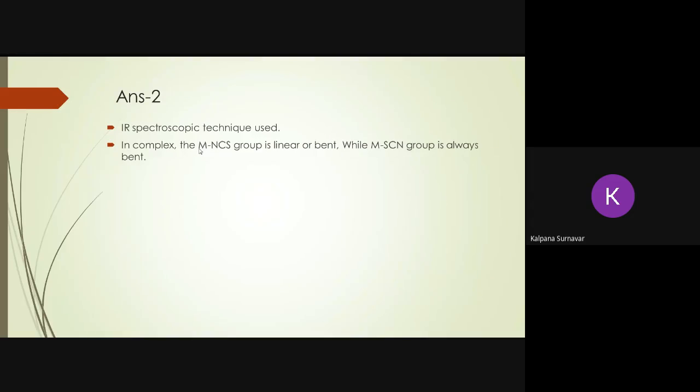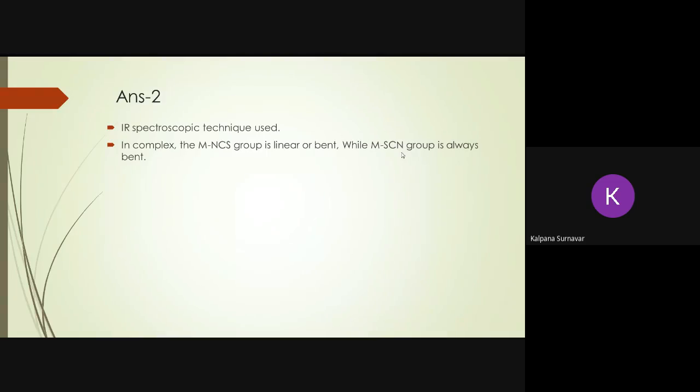In a complex, the M-NCS group is linear or bent. When the NCS ligand forms a bond with any metal, there is a formation of a complex, and this complex is linear or bent.